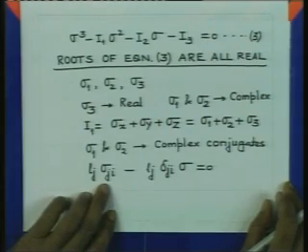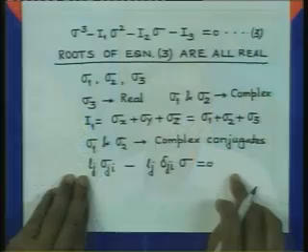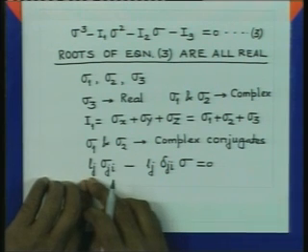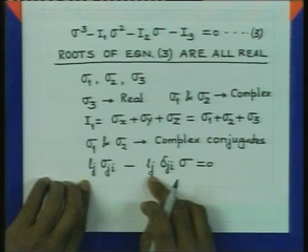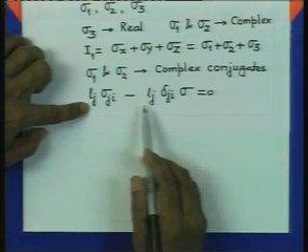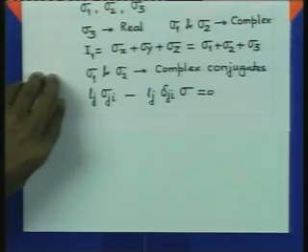Now, we find that one of the components is complex, and therefore this equation is going to involve complex coefficients, and hence it will indicate that the direction cosines have got to be complex. So, sigma 1 and sigma 2 are complex conjugates, and this equation is to be satisfied by all the roots.